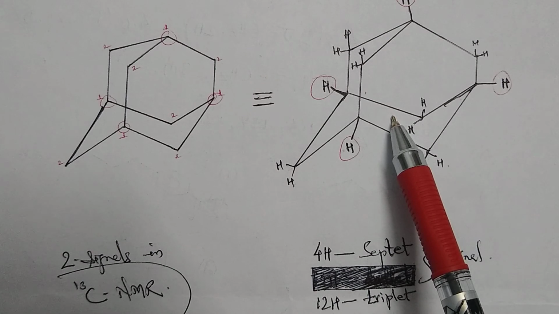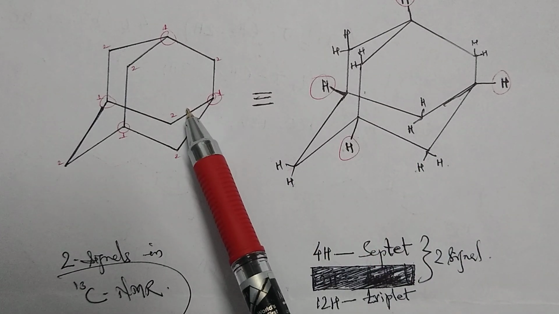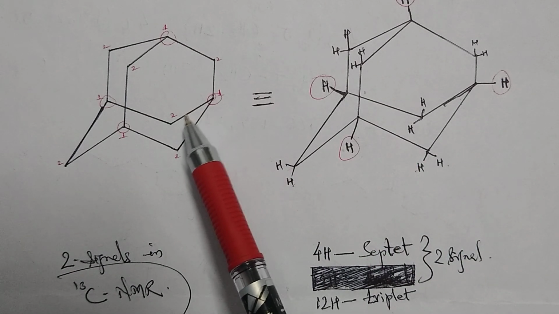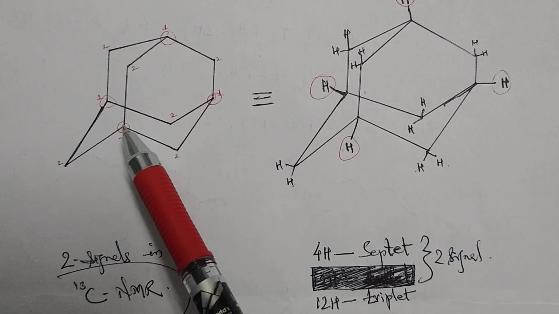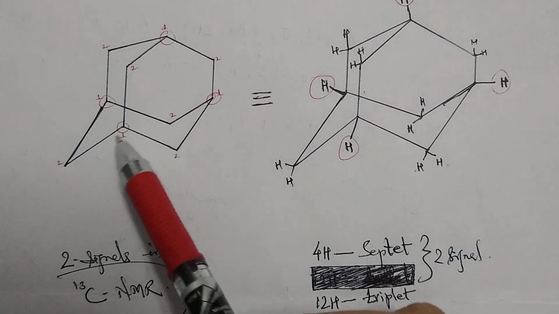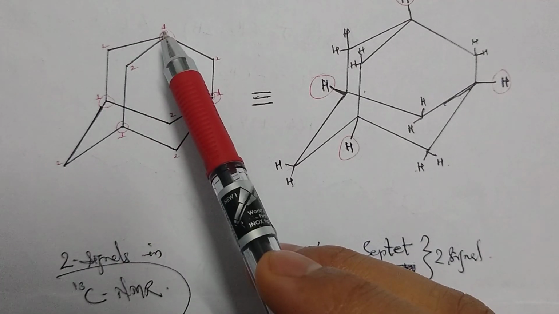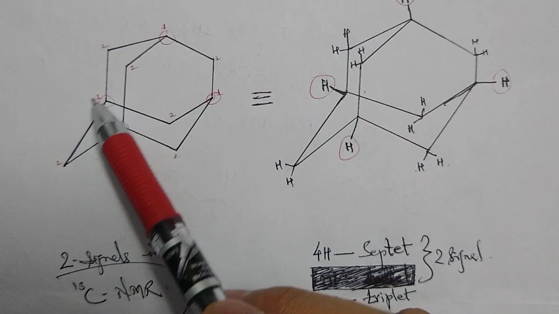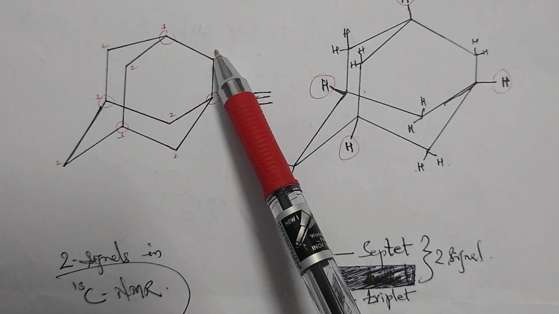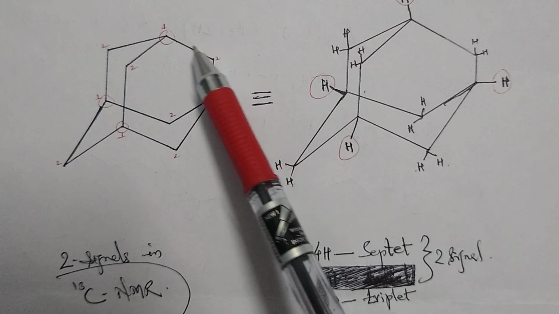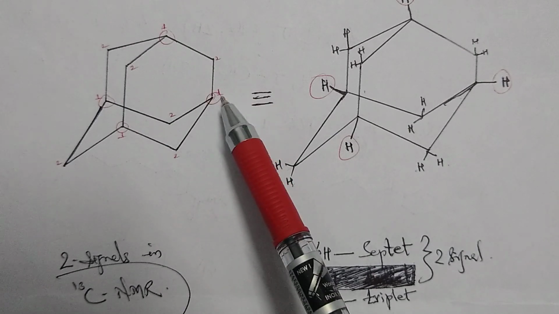Now moving towards the 13C NMR of this molecule, we have 4 bridgehead carbons over here, which are of similar environment. If we number them as 1, then for this center over here, if we number it as 2, this carbon over here is directly attached to 2 bridgehead carbons.